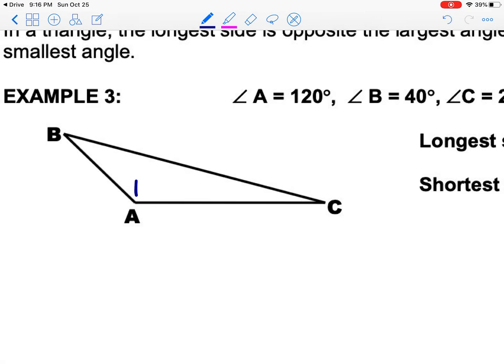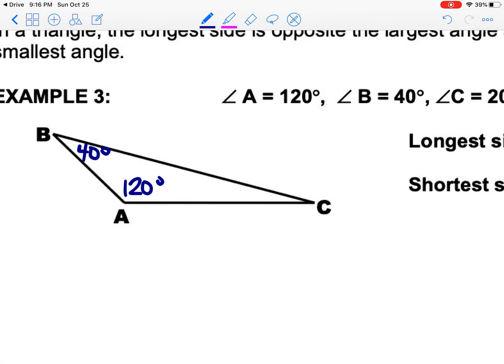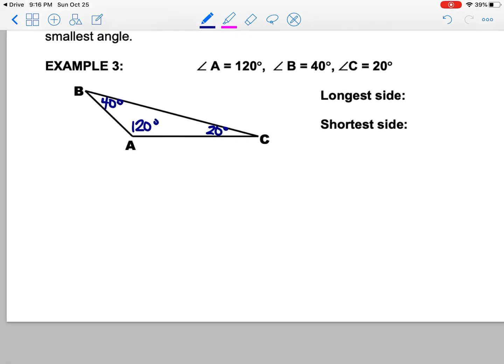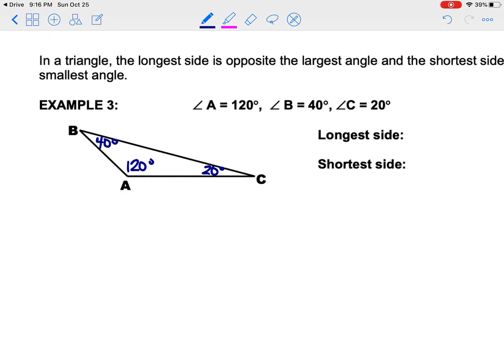And so if we label these here, we know that A is 120 degrees, B is 40 degrees, and C is 20 degrees. Okay, we can think, okay, well, our biggest angle, if they want us to do it biggest to shortest, our biggest angle is angle A, and across from angle A is side BC.